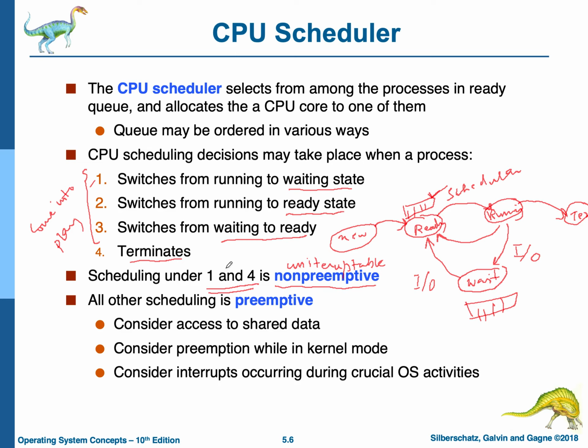All other conditions, the second and third conditions, are preemptive, and these can wait. This job can be performed in different chunks.